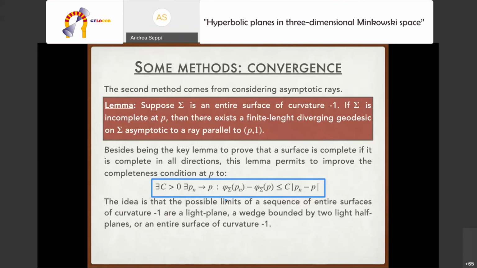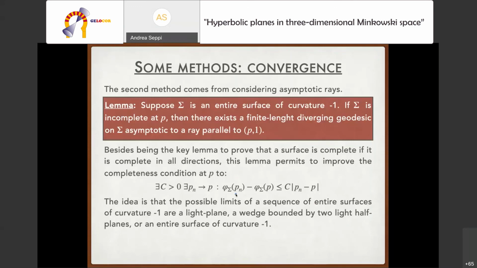Basically, the idea is the following: there is a compactness for entire surfaces of constant curvature -1. The compactness tells the following thing: if you have a sequence of entire surfaces of curvature -1, and suppose that they converge at one point, so they do not escape far off at infinity, then up to subsequences these surfaces have a limit, because these are graphs of Lipschitz functions.